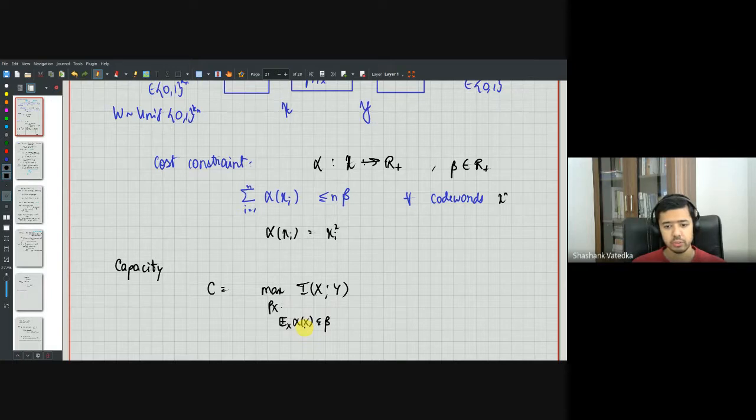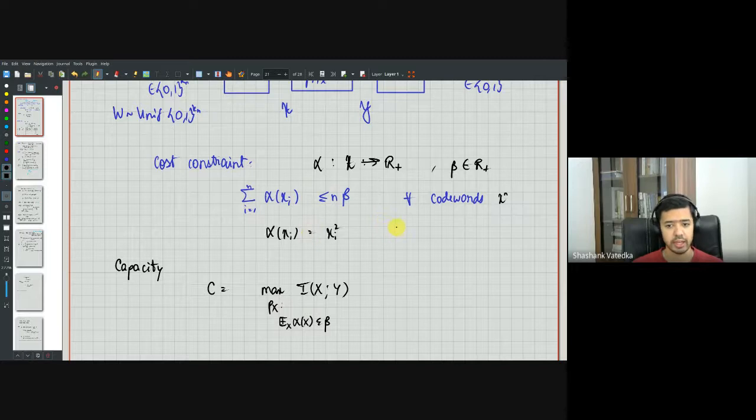Right. So one thing to note here, it's a subtlety: what we demand is that all code words should satisfy this constraint. So in some sense, this is actually a maximum power constraint. By maximum power constraint, I mean that the summation over all alpha of x_i should be less than or equal to n times beta.